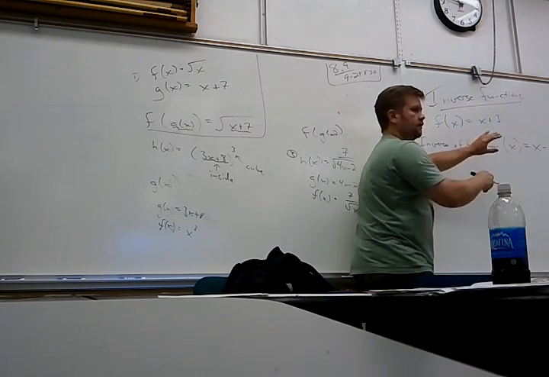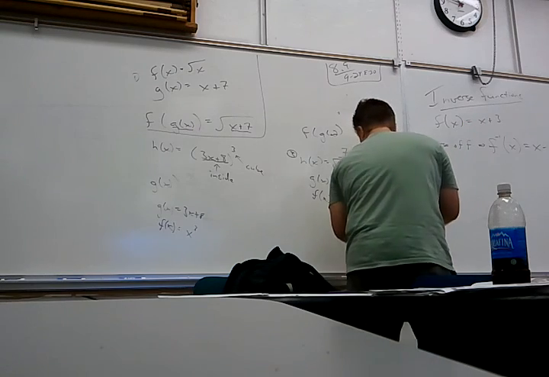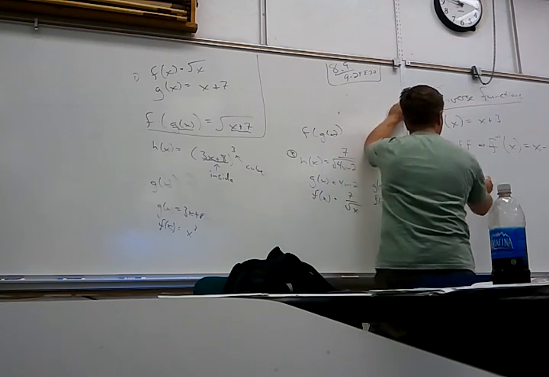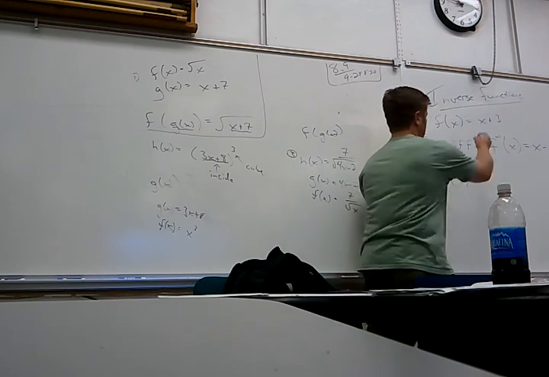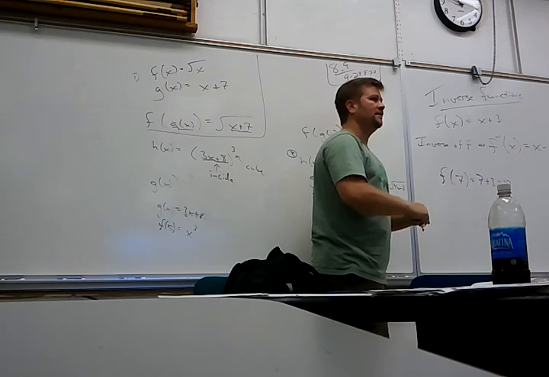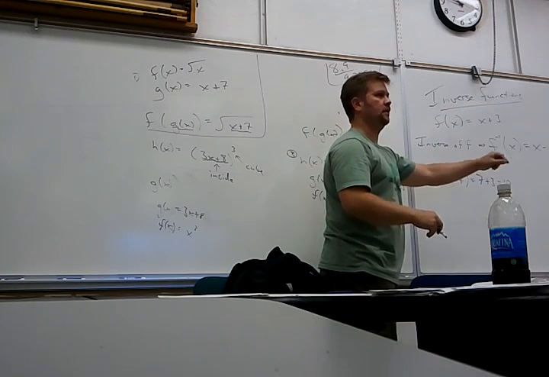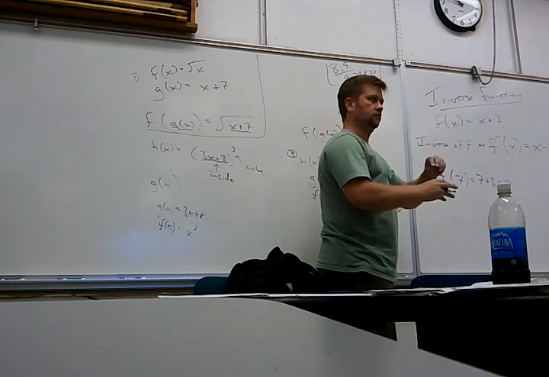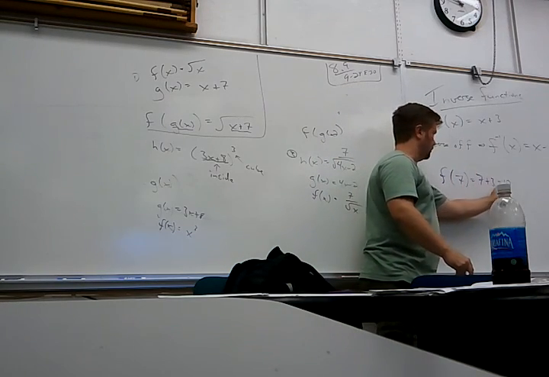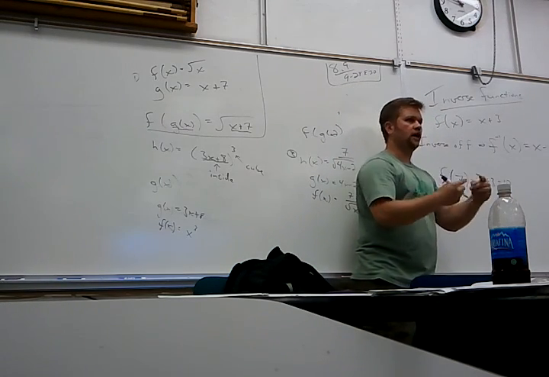So look real quick at this. This is a really nice example to do this with. What's f of 7? 7 plus 3. 10. Awesome. What must f inverse of 10 be? Careful. So whatever f does to something, f inverse should undo that thing.